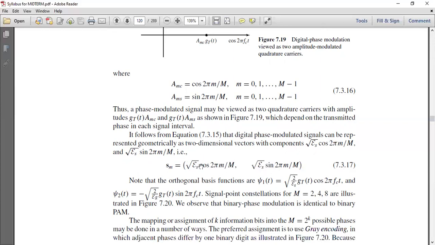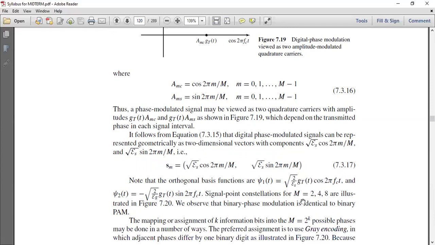This is along the x-axis, and this is along the y-axis. Note that the orthogonal basis functions are one cosine-based function and the other sine-based function. So the orthogonal basis functions are just sine and cosine.